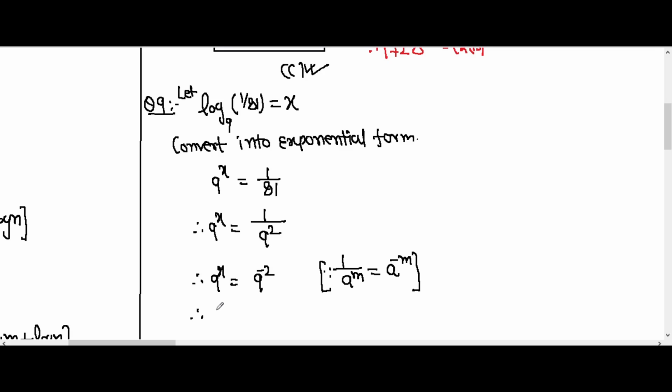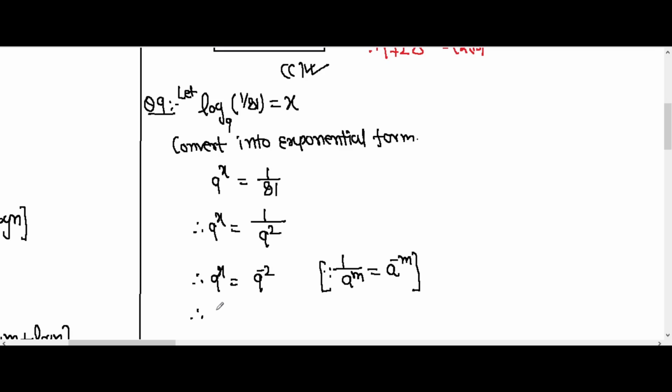We used log of m raised to n is equal to n log of m. Next, log at the base of 2, log at the base of 2, 4 is written as 2 raised to 2, and next log 2 at the base 2 is equal to 1.